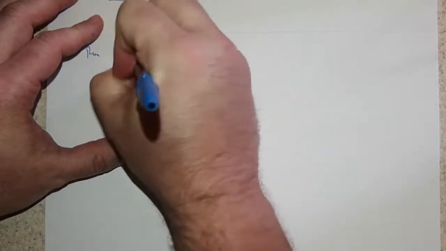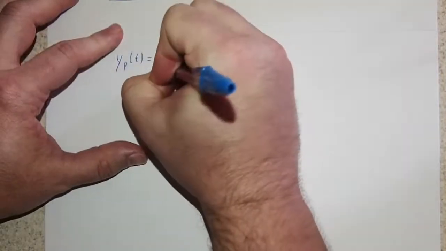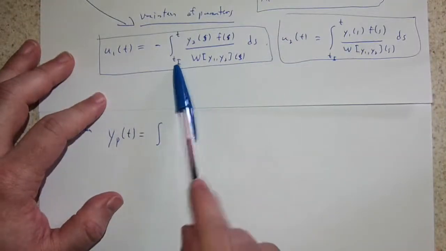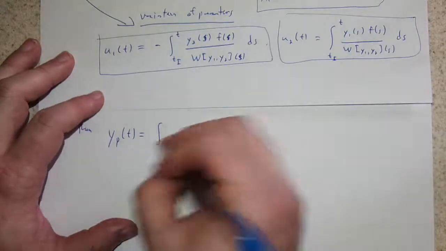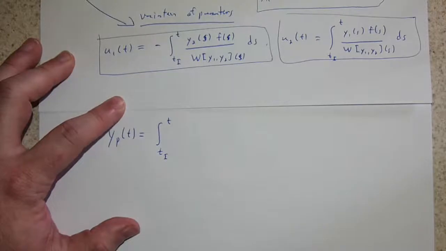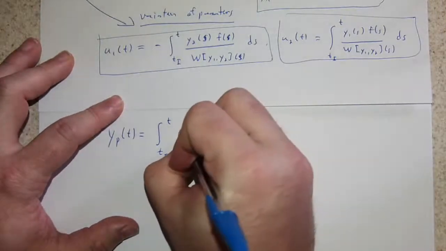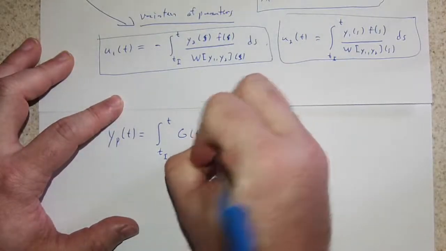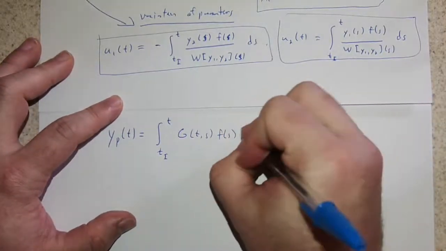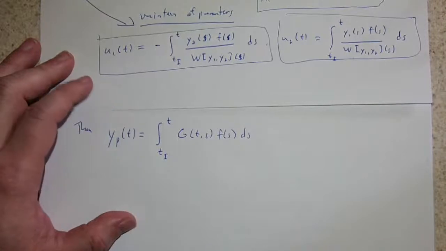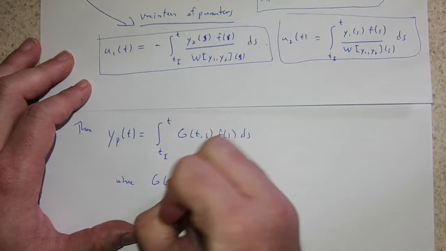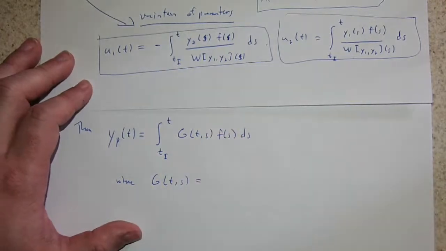So y sub p of t is equal to the integral, and now you'll see why I wrote these as the integral from t sub I to t of big G of t and s times f of s ds, where big G of t, s is what?